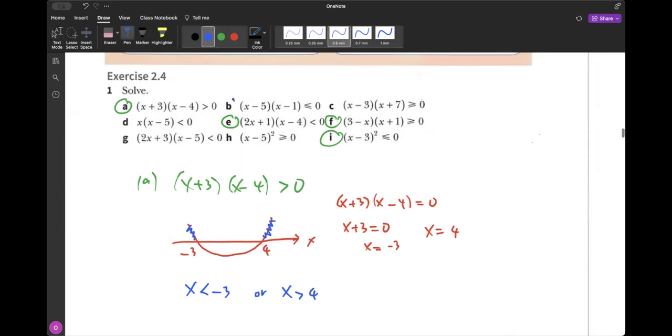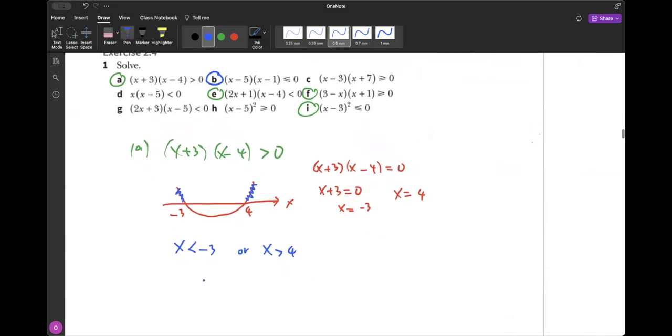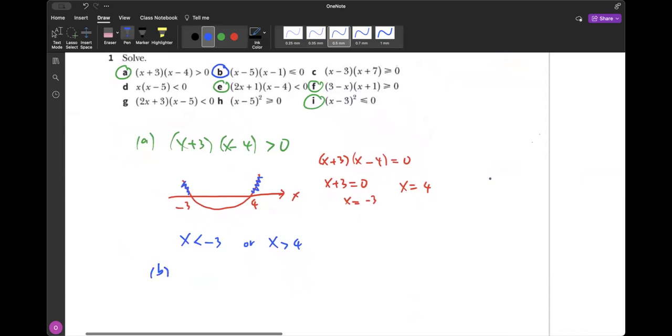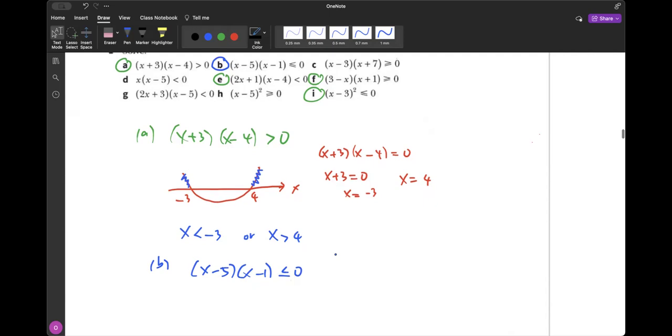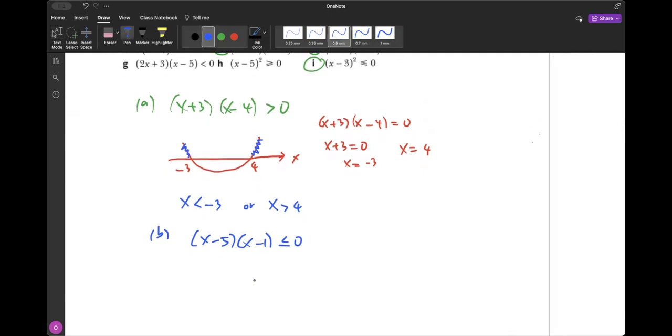Okay, I think better practice one more. Okay, you try to do B and see. Let's see whether you can get the answer. Or I should give you one more example because this is different. Okay, what kind of graph? U or M?